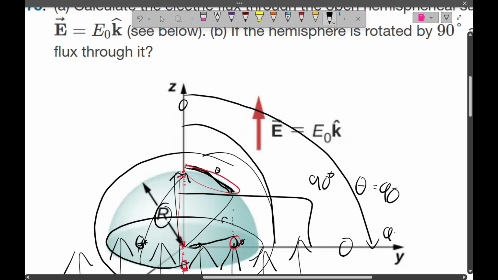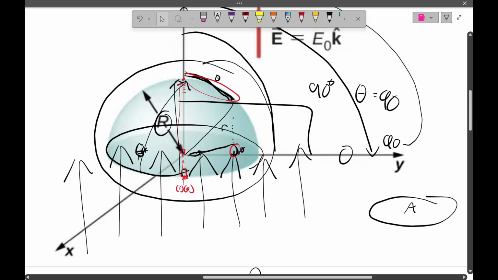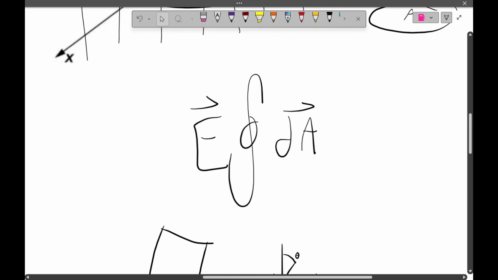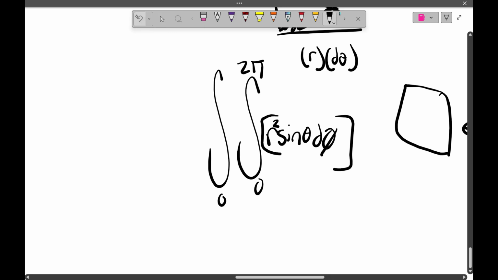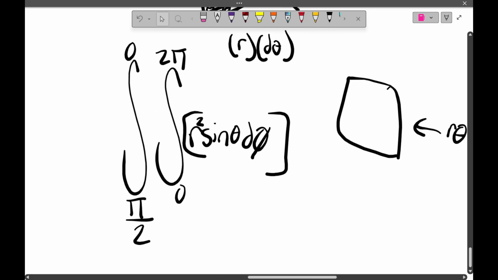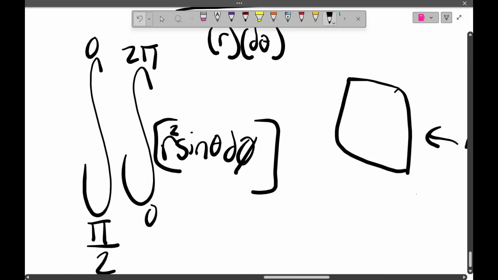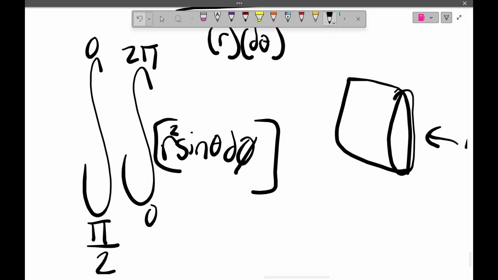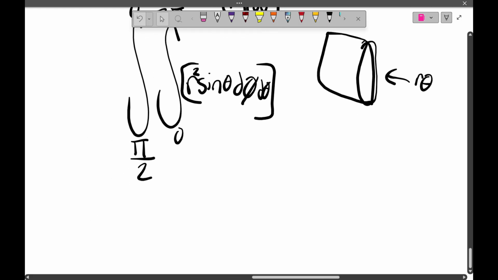Here, theta is 90, so we're going from 90 to 0 as we move up this hemisphere and capture every part of it, which means that we want bounds of pi over 2 to 0. We have that factor of r up here to account for the arc width, and we have a d theta up here to account for the fact that we're integrating. Okay, so this is our integrand so far.